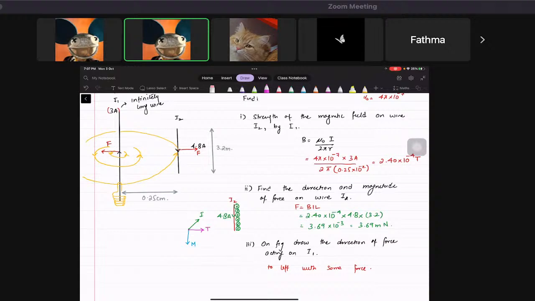Which means that I2 is being forced towards the right. You agree to this? Yes, sir. If I1 applies a force on I2 towards the right, then I2 will apply a force on I1 towards what? Left. Left, and of the same value. That's why we drew this force here. Understood?